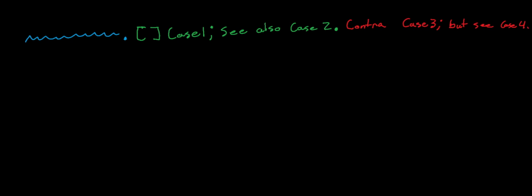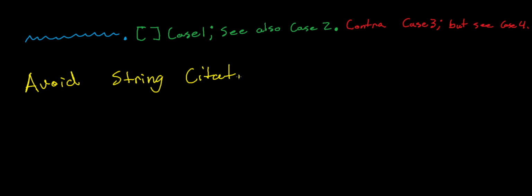Now, just as a writing tip, I would say avoid string citations. There should be a pretty good reason if you're going to be using a string citation, as in there is something more than just that you're citing a bunch of cases that all stand for the same thing.